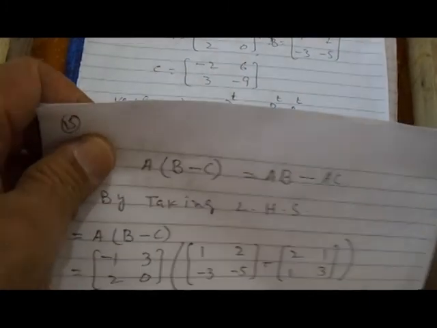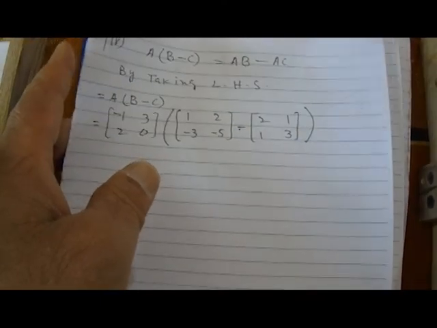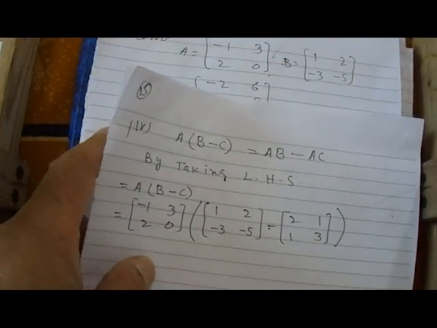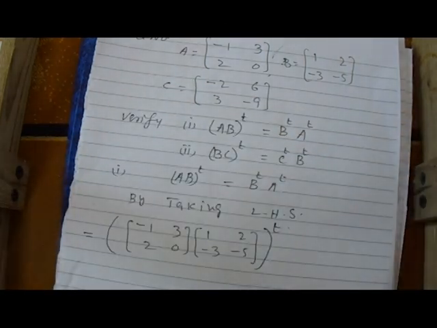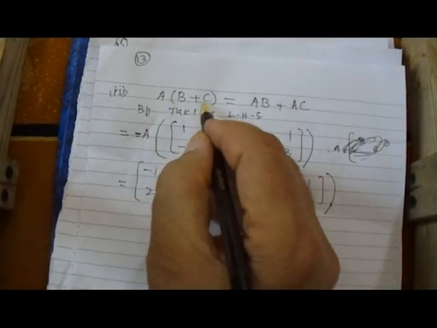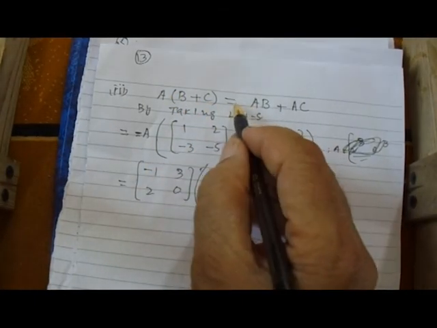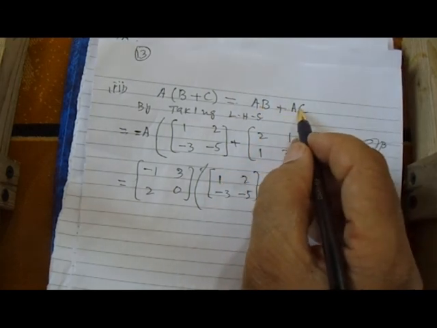Now it is A into B plus C is equal to AB plus AC.